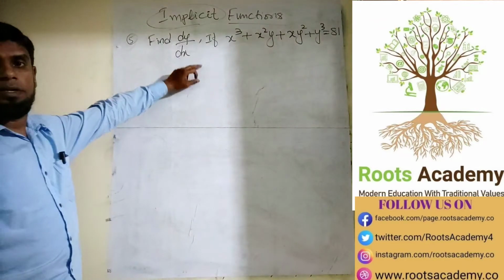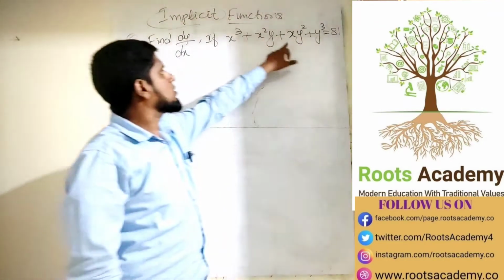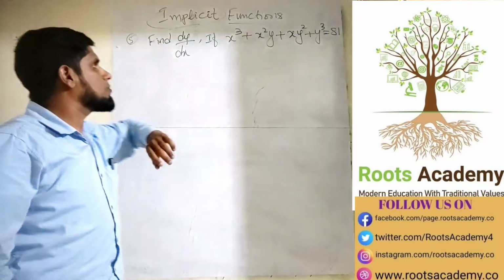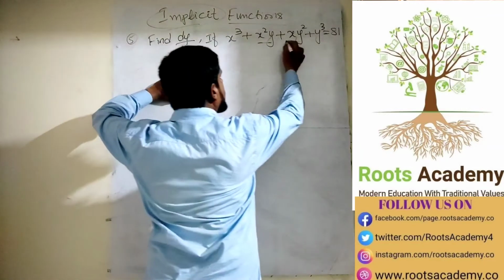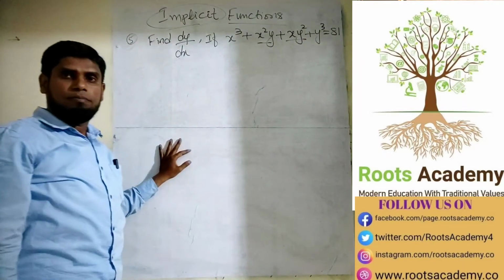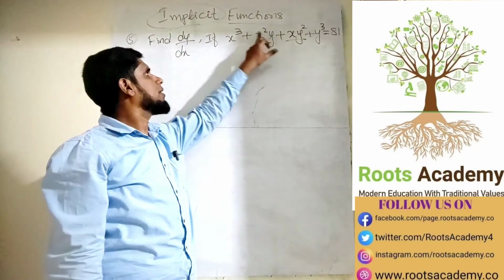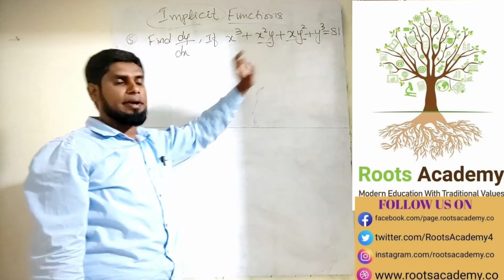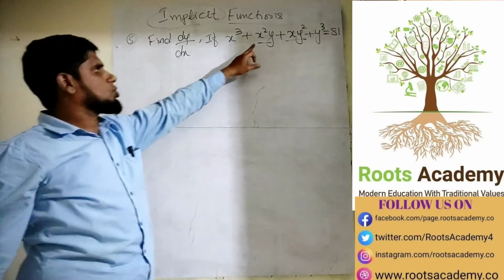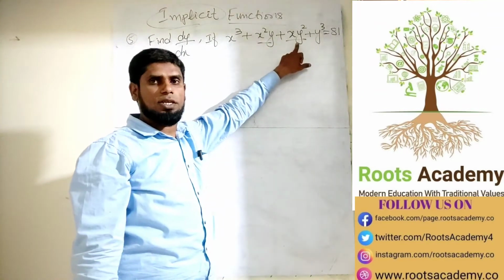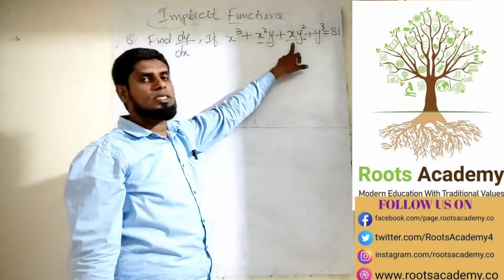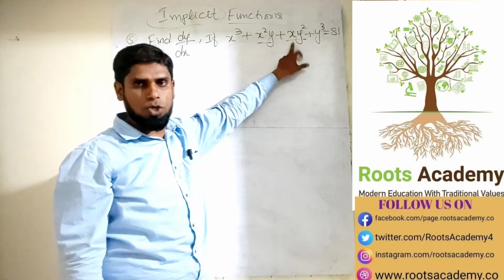Student, here we have 4 terms, and in these 4 terms, the second and third terms have multiplied functions. 2 functions are multiplied, independent and dependent. So in these two cases, we must use product rule.